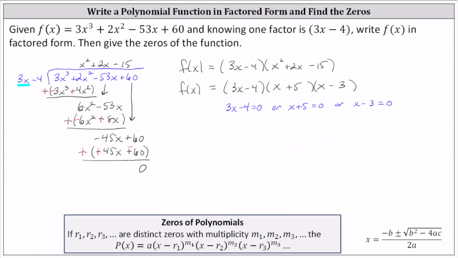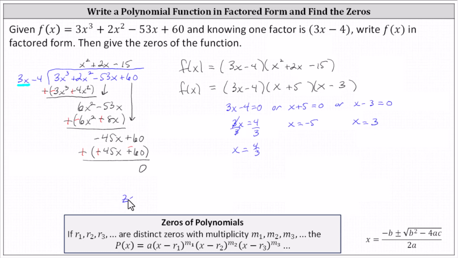Solving each of these equations will give us the three real rational zeros. For 3x minus 4 equals 0, we add 4 to both sides and then divide by 3. We have x equals 4/3. Solving x plus 5 equals 0, we have x equals negative 5. And solving x minus 3 equals 0, we have x equals positive 3.